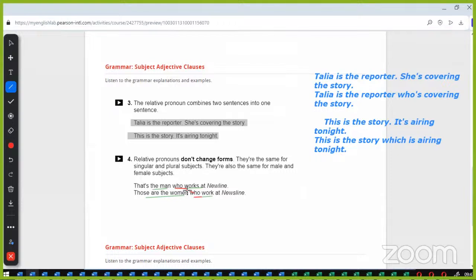It doesn't change form, even though we're talking about male or female or plural or singular. Is there any question with 3 and 4? No, teacher, it's okay.